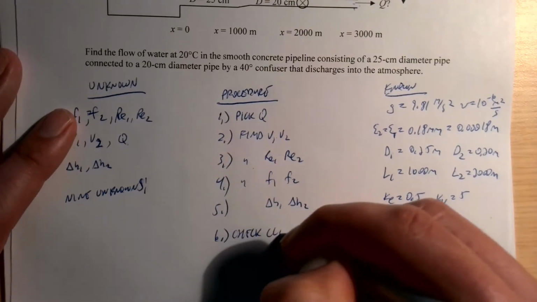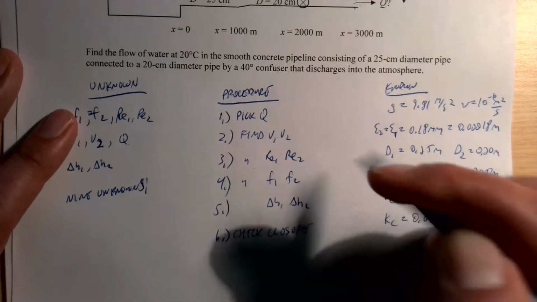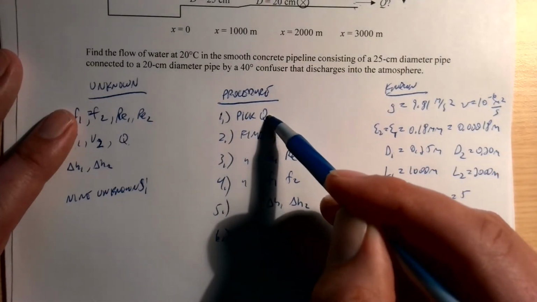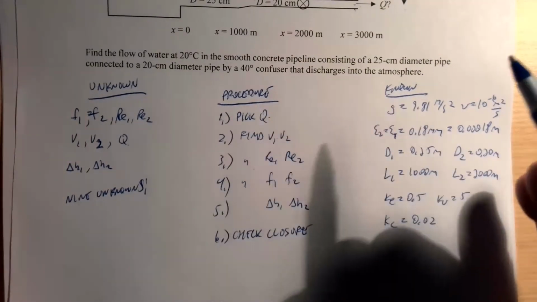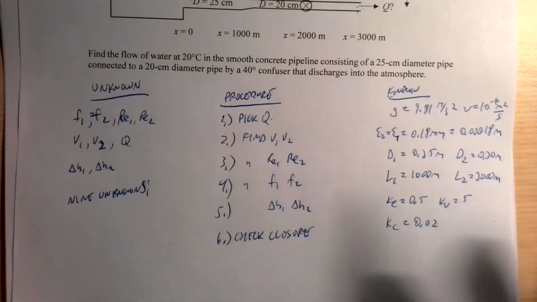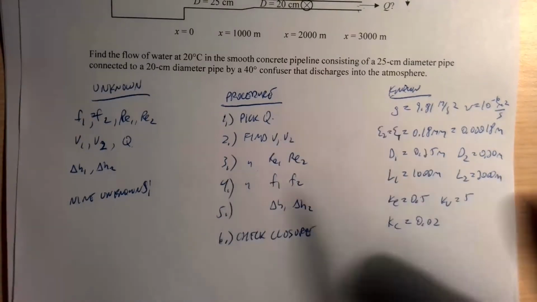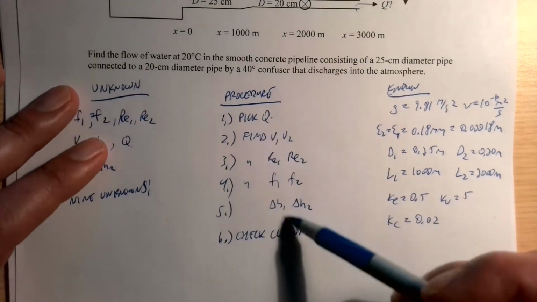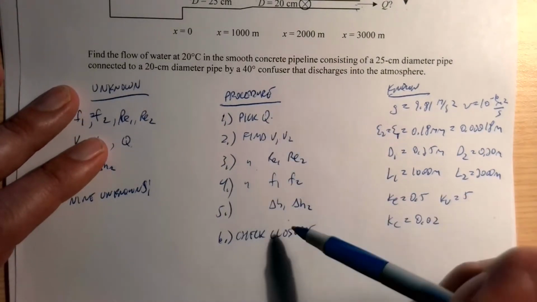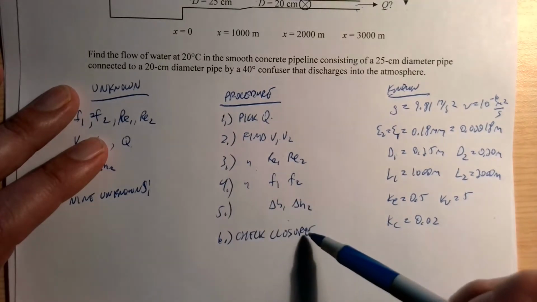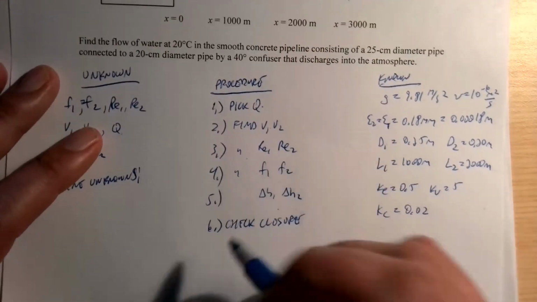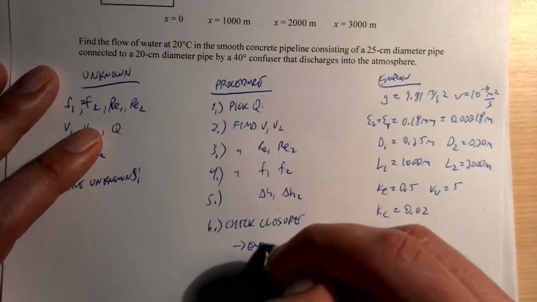So again I'm guessing. I'm going to guess Q, and I'm going to be wrong the first time. Here I don't have any way to really know what Q is in advance. I can't make a good guess, so I'm certainly going to be wrong. So I need some way to deal with that. I'm going to guess Q, follow that logic all the way through, and then check the closure. Our closure condition is going to be based on an energy balance.